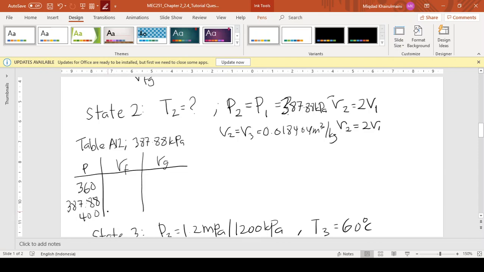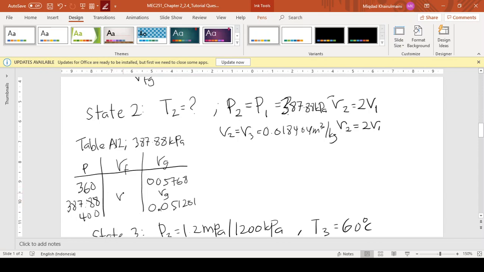So we have here 0.05738, and this is what we want to interpolate, and there is 0.051201.